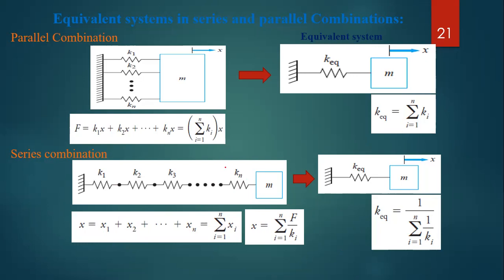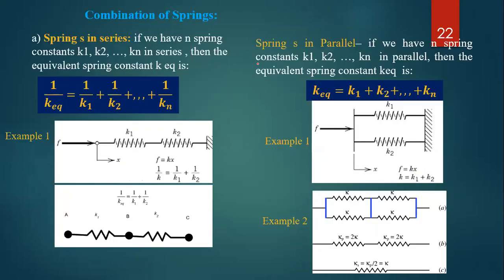That means 1 over k equivalent equals 1 over k1 plus 1 over k2 plus 1 over kn. But in the parallel case, it is simply k1 plus k2 plus k3. This is a good representation for springs in series, and this is for springs in parallel.